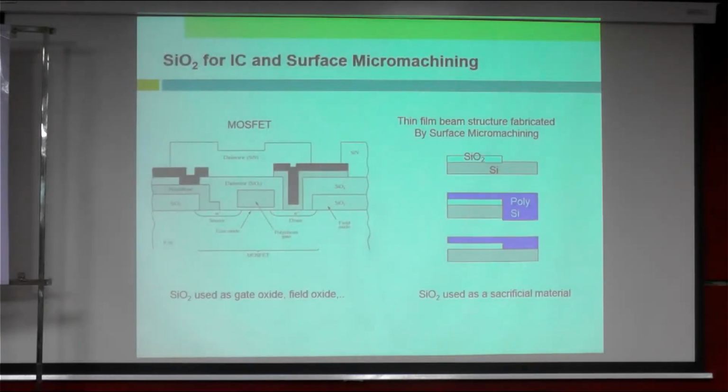So this is an example of a MOSFET basically. We have silicon dioxide here, and this is another silicon dioxide. In terms of structure, it behaves differently. So this is silicon dioxide as a dielectric material, and a certain process is just to prevent contact, because you have polysilicon here.